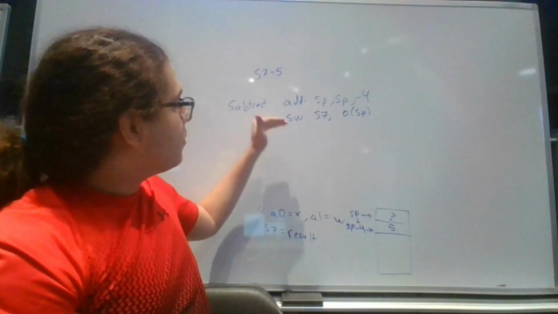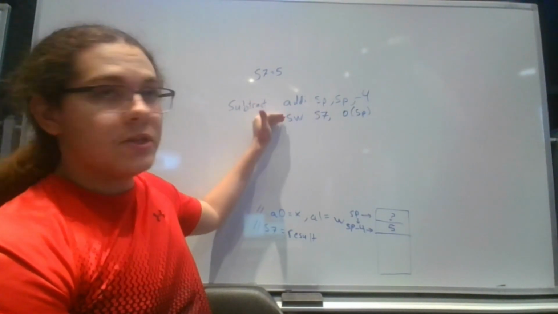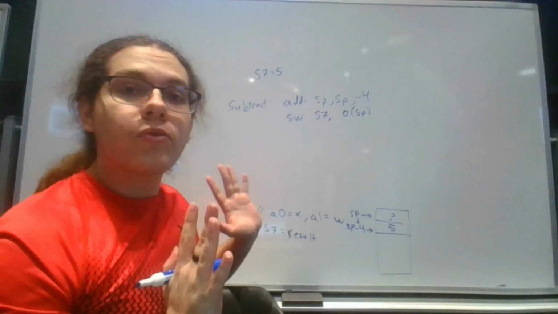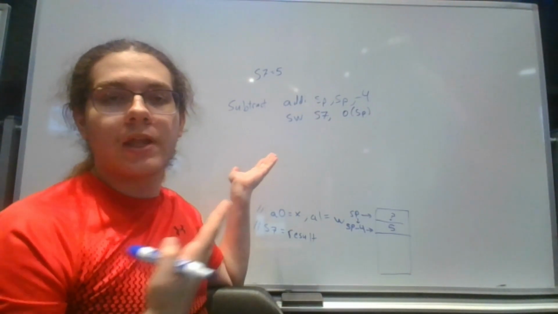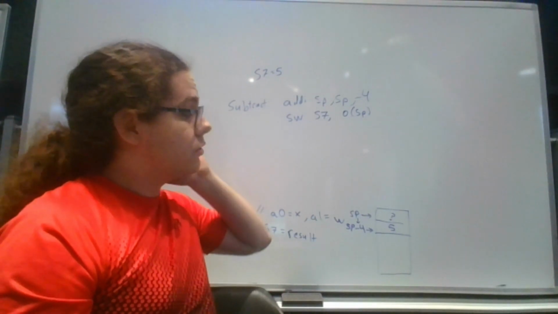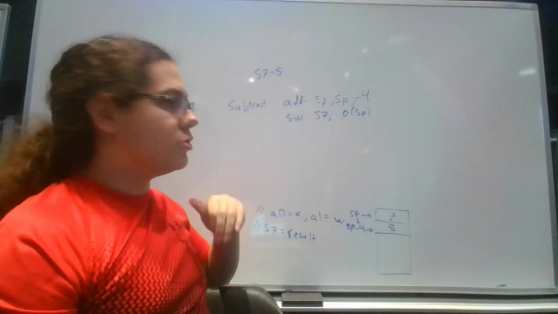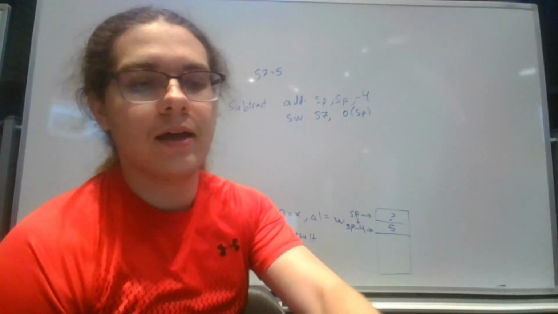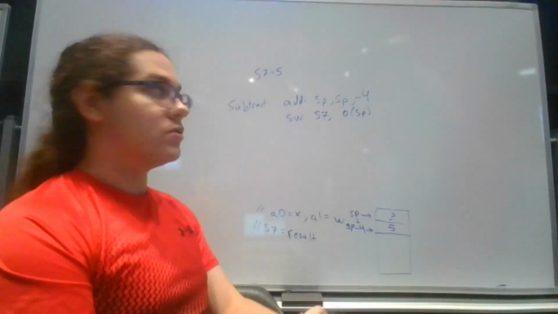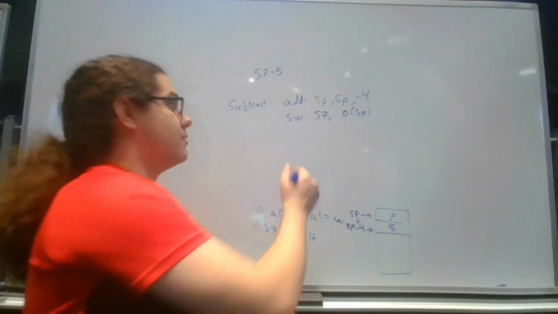Okay, so the next thing we need to do is after we store this on the stack, we're free to mess up S7 as much as we want because it's saved, and we can restore it at any time we want later. So what I'm going to do now is my actual function, which is the same as the one from last homework. So you just subtract the two values and store it in S7.